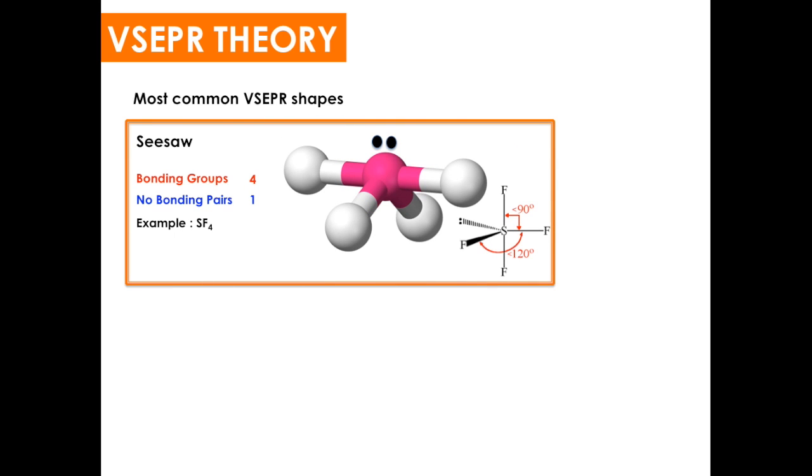Following with four bonding groups, but this time with one pair of electrons unused, we have the seesaw. The seesaw is like a straight line, and we have two atoms in the middle that are separated by the interaction of the electrons. Our example is sulfur tetrafluoride.